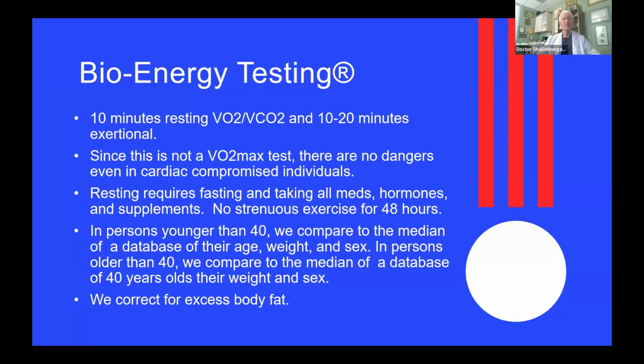I want to be healthy for a 40-year-old. That's my goal. So anybody over the age of 40, we compare them to the median of a database of people of their age, weight, and sex. So if I'm a 79-year-old and I do the test, I'm comparing myself to a 40-year-old. I want my resting metabolism data to be the same as a 40-year-old's.